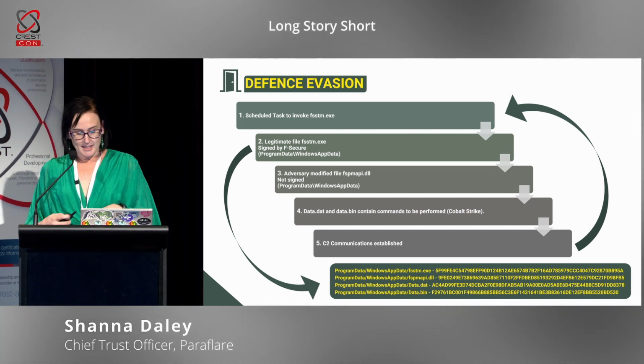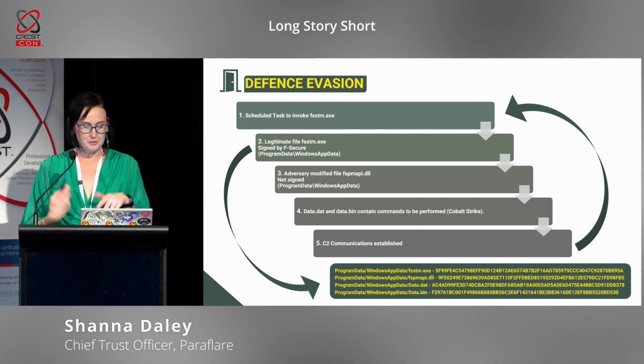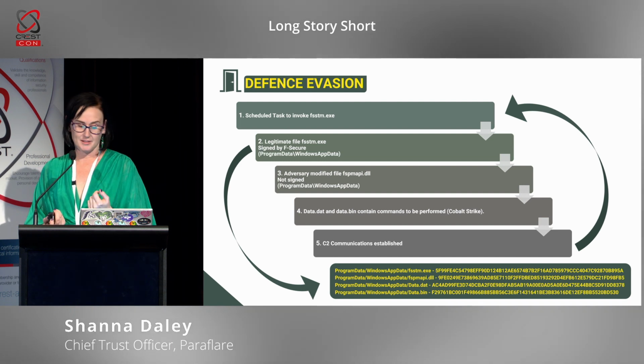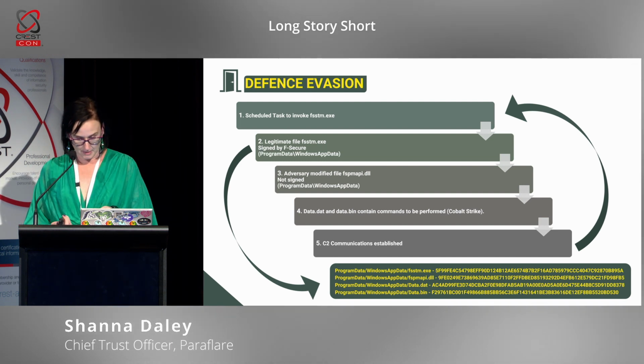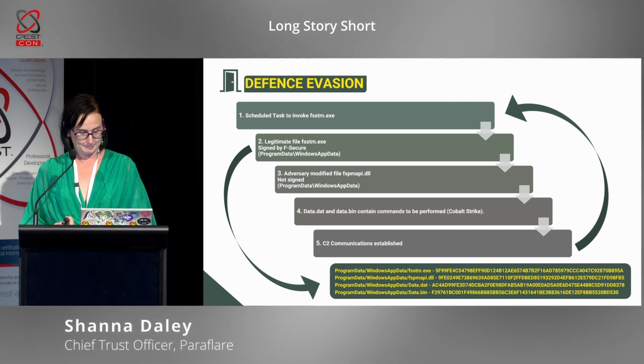So within the data.dat and data.bin file was the backdoor. It could create, remove, upload and download files, execute commands, extract system information, and it was also the attacker's avenue of data exfiltration.